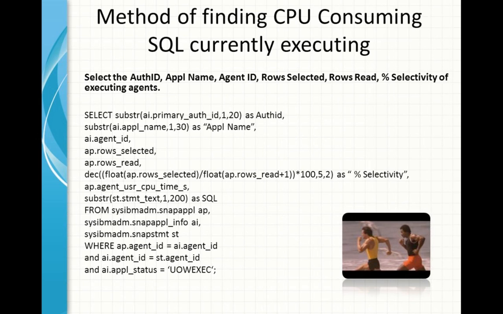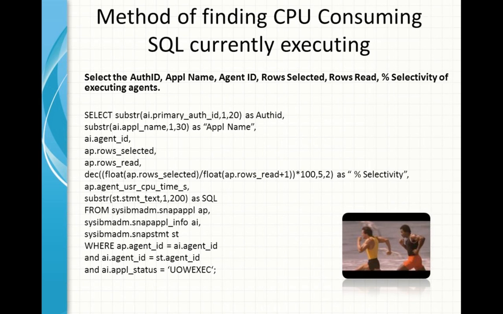Now, this is a problem I solved for a client. The dynamic SQL snapshot, or the SNAP_DYN_SQL sysadmin view, doesn't show the application name or the authorization ID that's running it, and they needed to know that information. So here's a query I have that pulls out data from the SNAP_APPL_INFO and SNAP_STATEMENT sysadmin views.